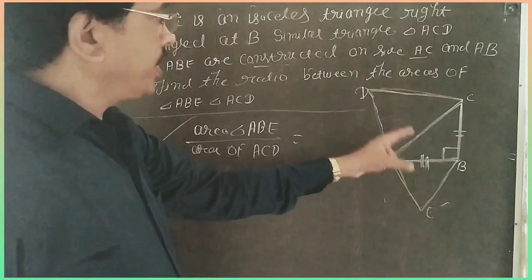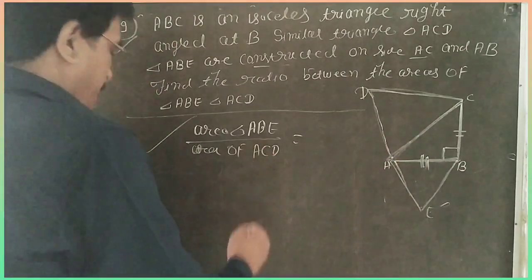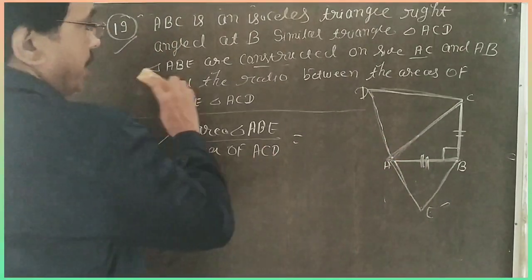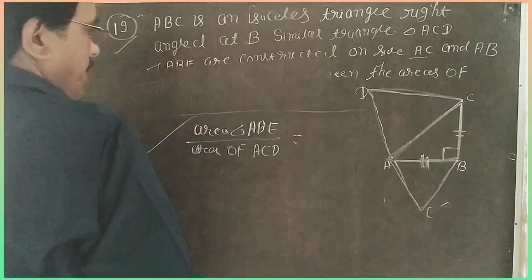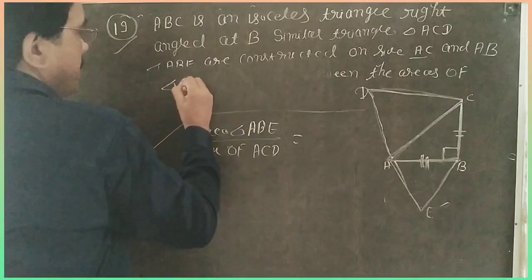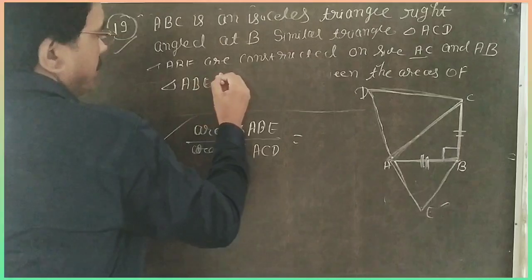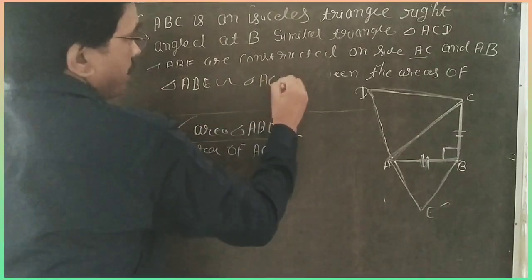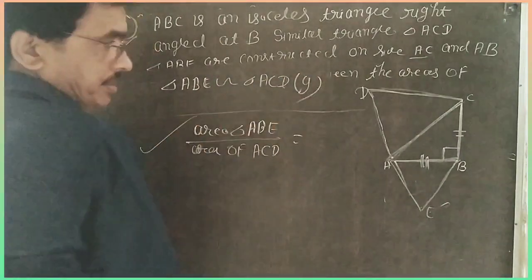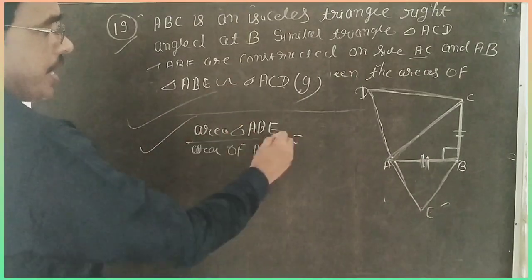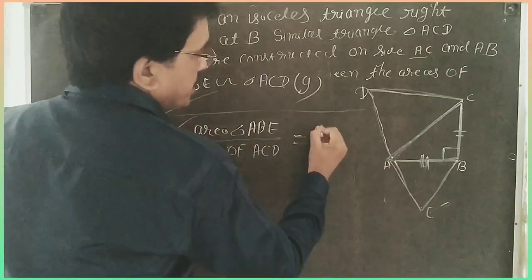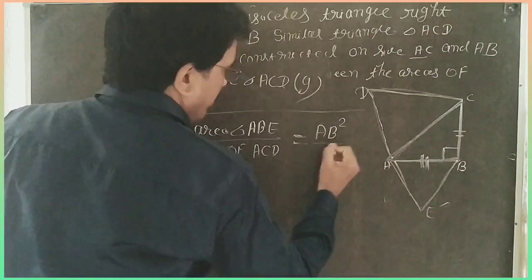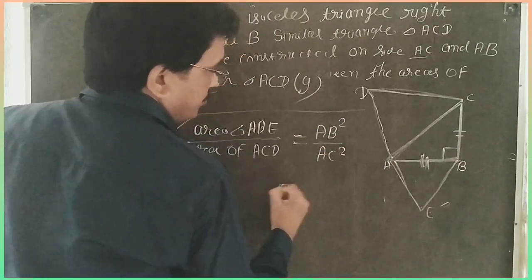So dear students, these two triangles are similar, it is already given. So the ratio of areas is AB square by AC square.